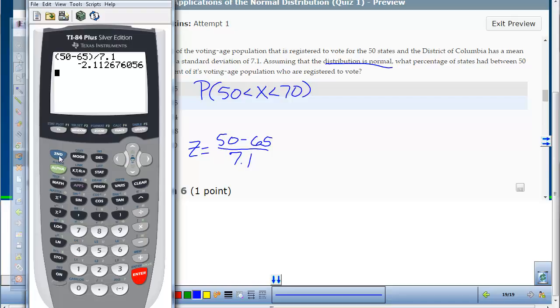And if I change that 50 to 70, I get 0.704. So we're going to look at z-scores from negative 2.11 to 0.70.